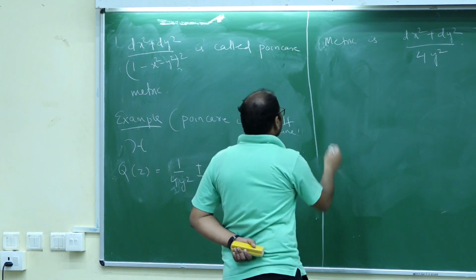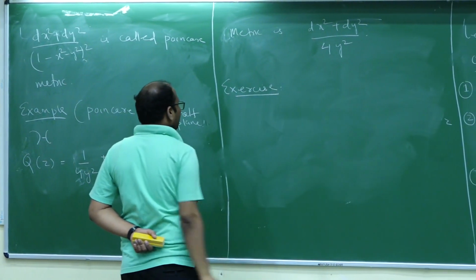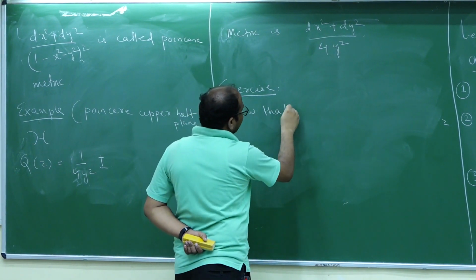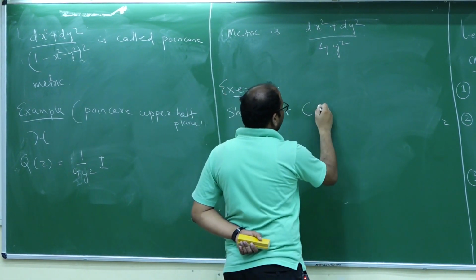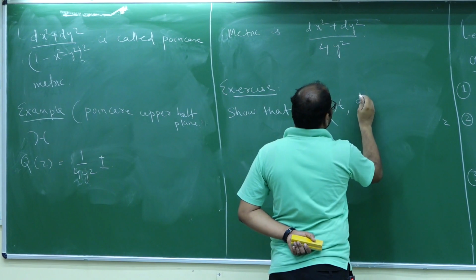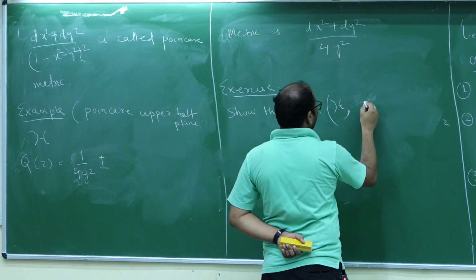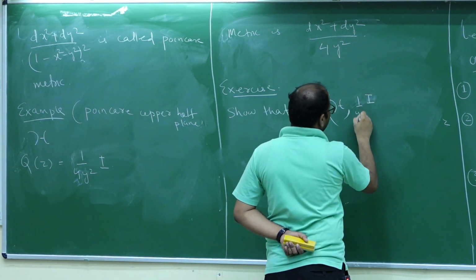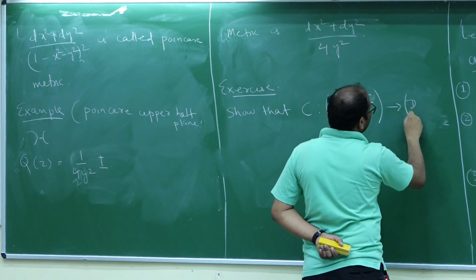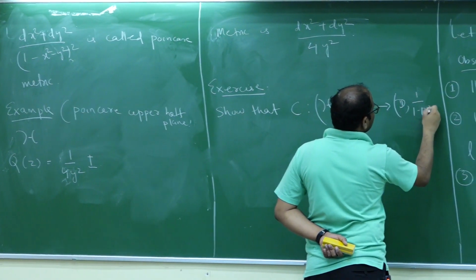Now, the exercise. So then, this thing, the Gaussian application from H to this thing, dx is i by 4 y square, by 1 minus z square.